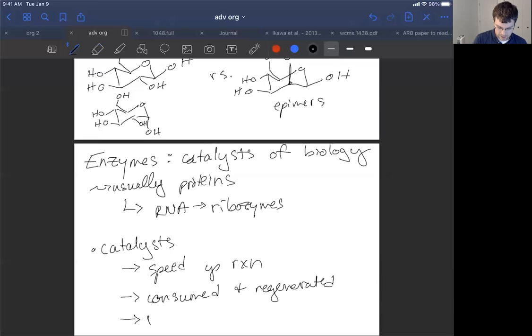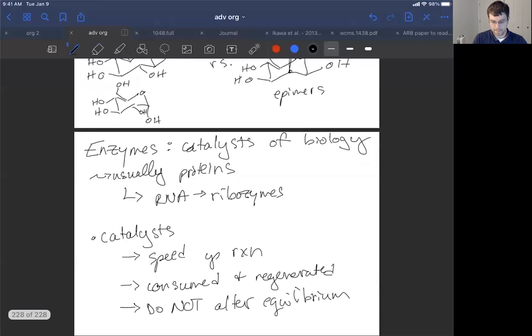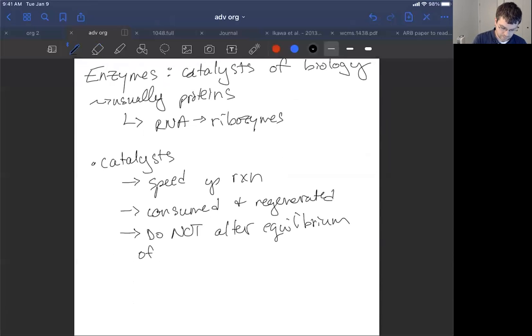But they do not alter the equilibrium of a process. So they don't alter the equilibrium of an overall reaction. Now they speed up a reaction, and the rate acceleration is not on its own catalysis, but it's the most useful aspect of catalysis.